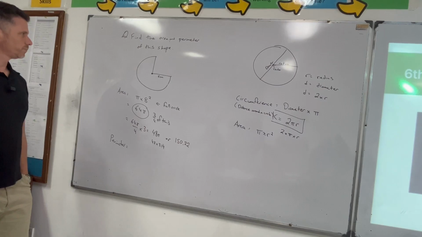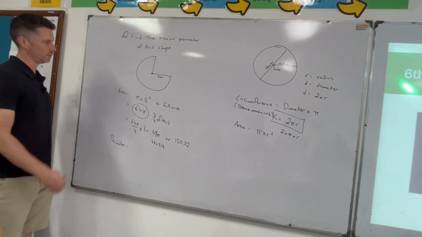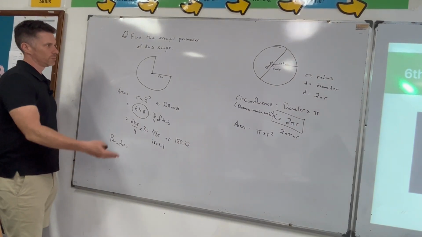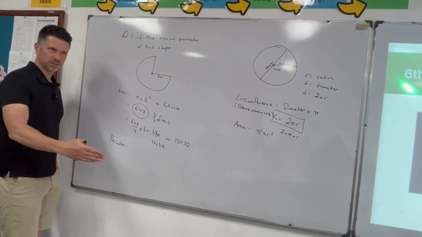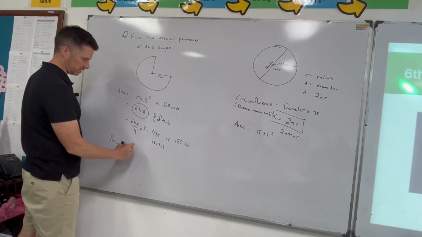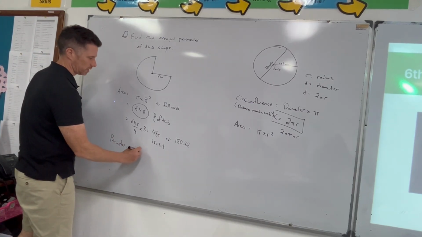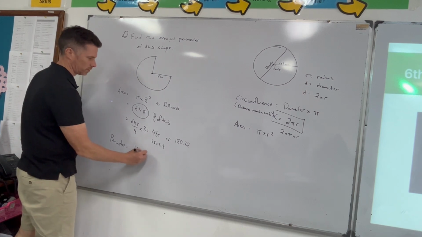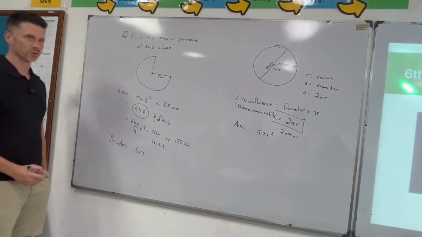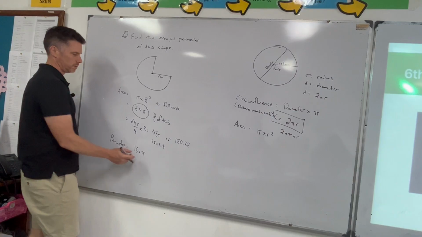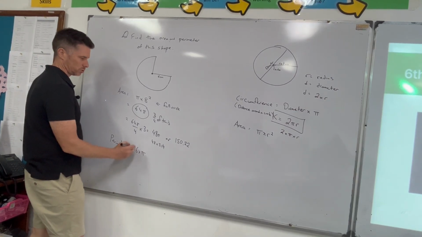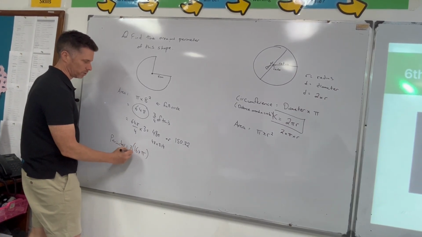So what is the circumference if it was a full circle is always what you think here. What is the diameter? 16 times pi, isn't it, for the circumference of a full circle, but I have 3/4 of this. So I can put a little 3/4 in front.